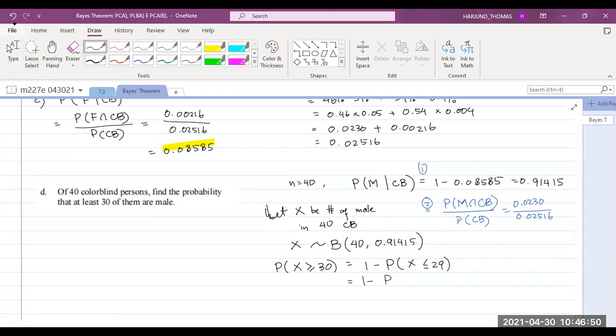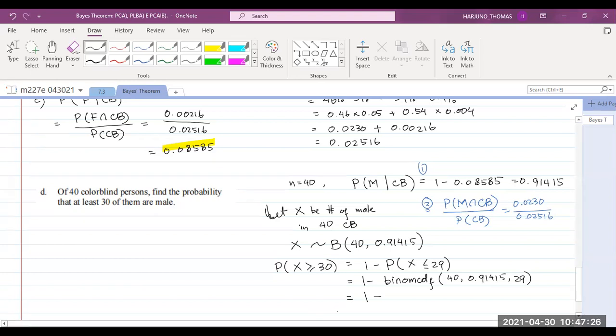That is 1 minus the probability. Oh, that's binom CDF. Binom CDF, trials 40, probability of success 0.91415, up to 29. I compute that: number of trials 40, probability of success 0.91415, we need up to 29 males.